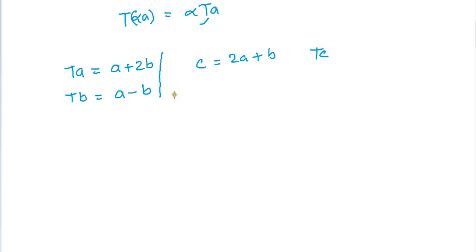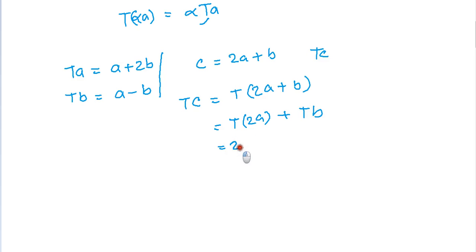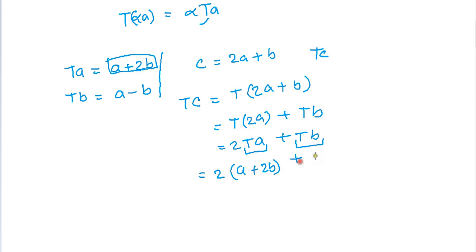So how can we do that? The transformation of C is T of 2A plus B. So we can write T of 2A plus T of B. Here we can write 2 times T of A plus T of B. We are given T of A and T of B. So 2 times T of A is 2 times A plus 2B, and T of B is A minus B. So the whole thing here is 3A plus 3B.